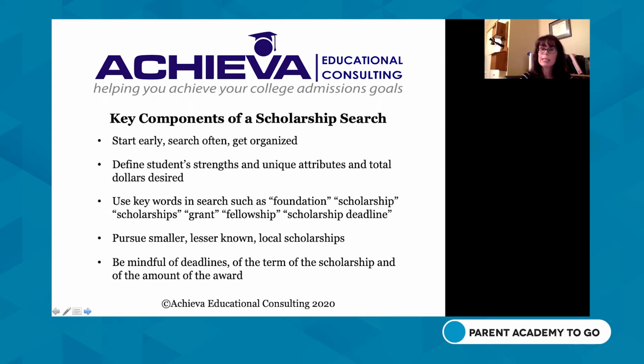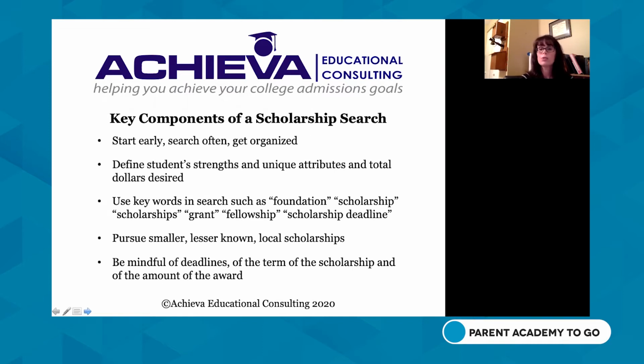Define your strengths and unique attributes and determine beforehand the total amount of money that you'll need so that you can go to college. Use keywords in the search, such as foundation, scholarship, scholarships, grant, fellowships, and scholarship deadlines.